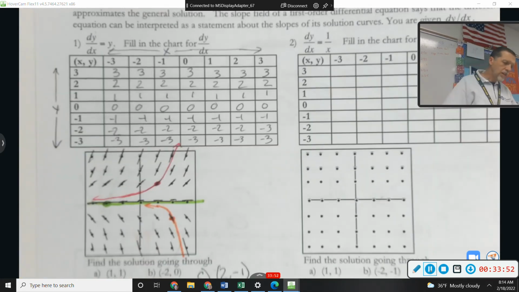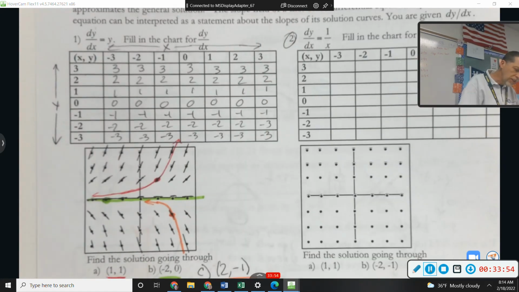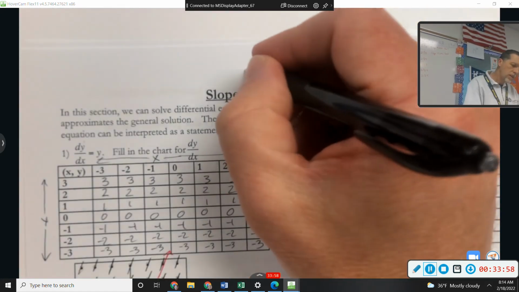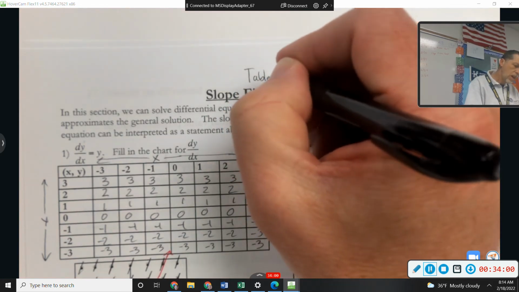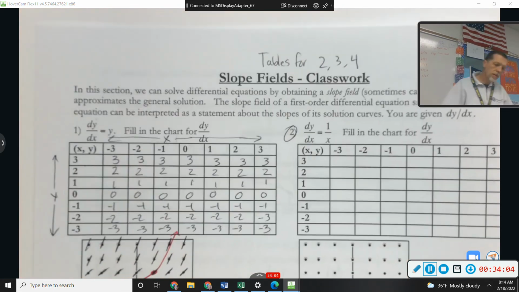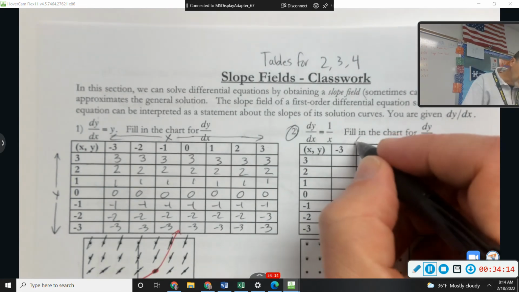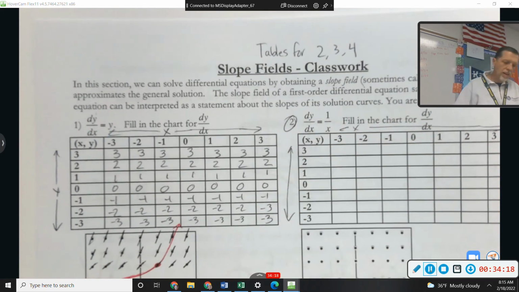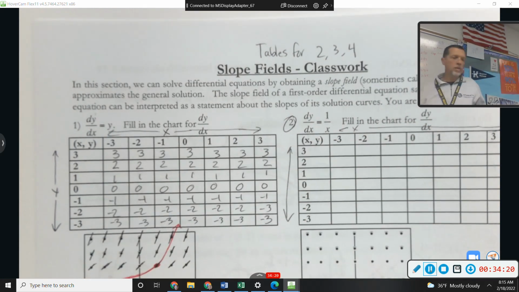So try to fill in the tables for 2, 3, and 4. If you want to try to graph the picture, that's fine, but we'll probably pick up Monday and graph the pictures. So again, x is across the top, y is down the side. Try to fill in those tables, and then we'll go from there on Monday.